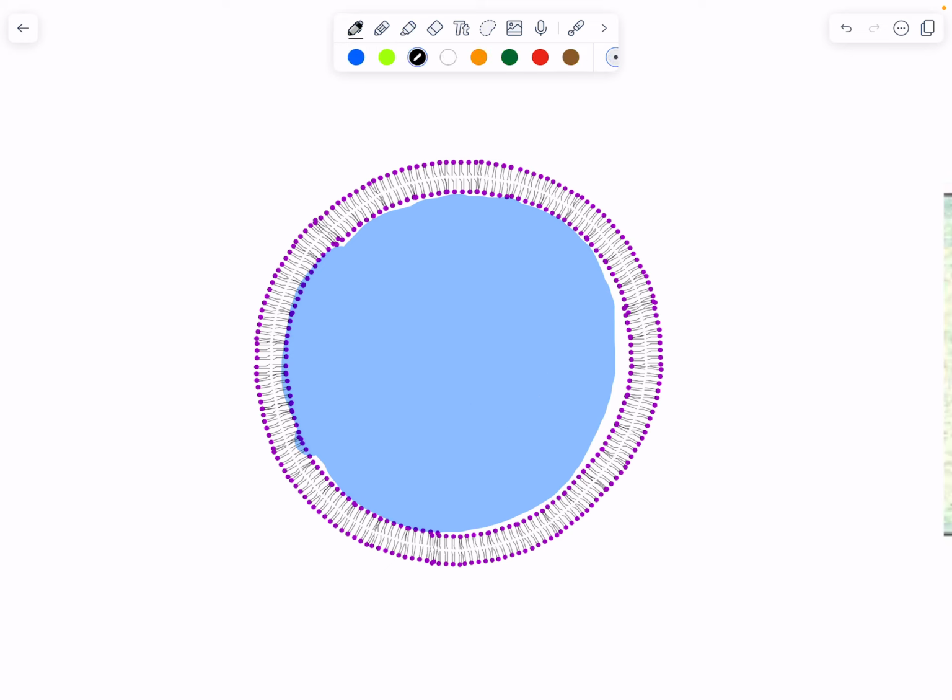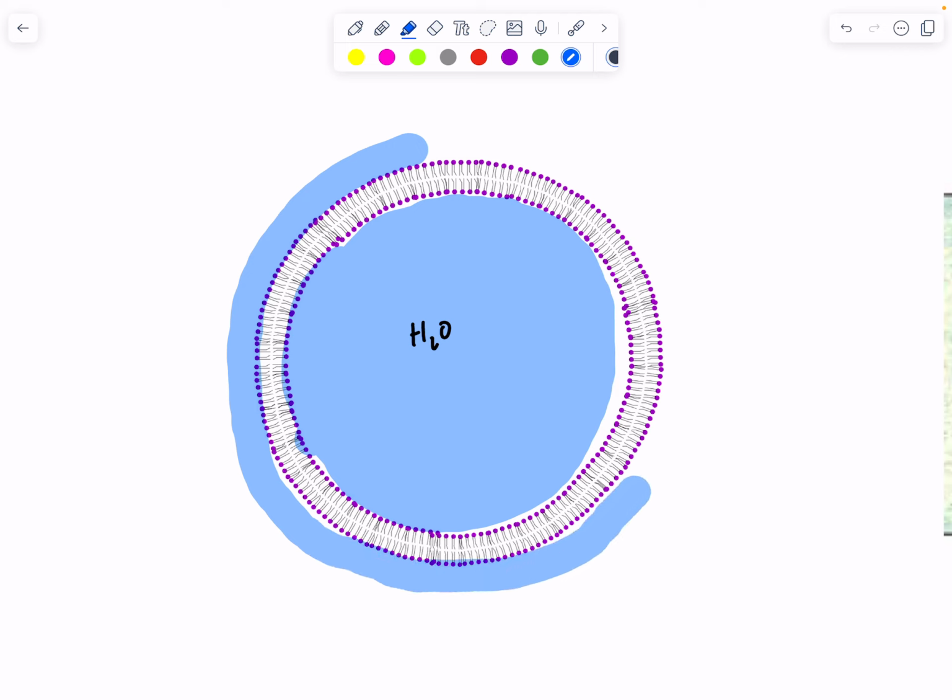And so this is water. And the exterior phospholipids in the bilayer are interacting with a watery solution outside of the cell.